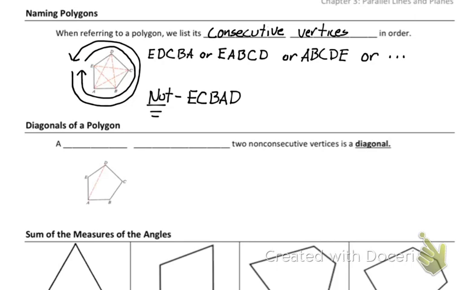All right, diagonals of a polygon. A diagonal of a polygon is a segment joining 2 non-consecutive vertices.